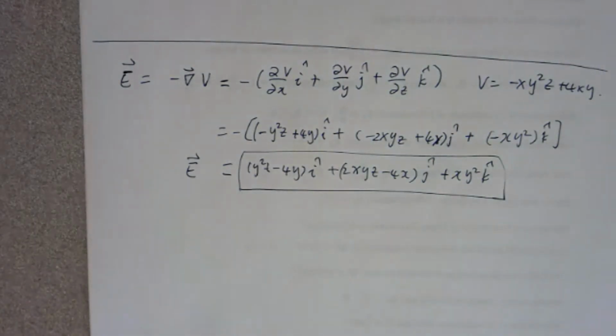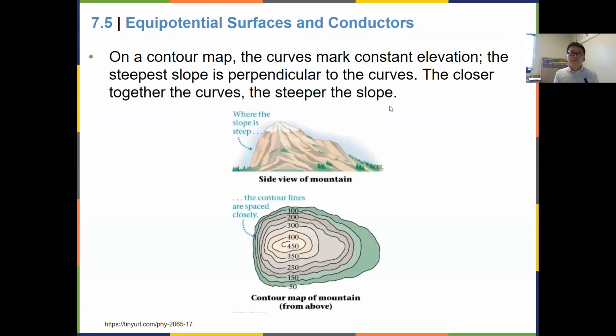All right, so let's go back to the slide. Now let's go back to the equipotential topic. I think we talked about equipotential lines, so now the equipotential surface. This is similar to the contour map.